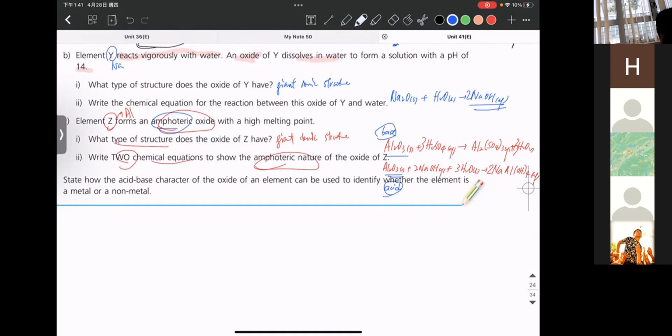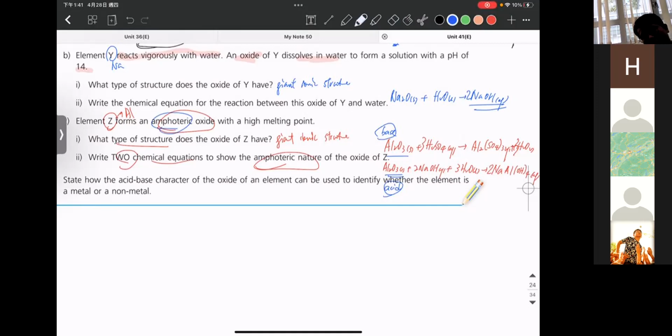State how the acid-base behavior of the oxide of an element can be used to identify whether the element is a metal or non-metal. Can you make such a pattern? What type of oxide is said to be basic and what type is said to be acidic?